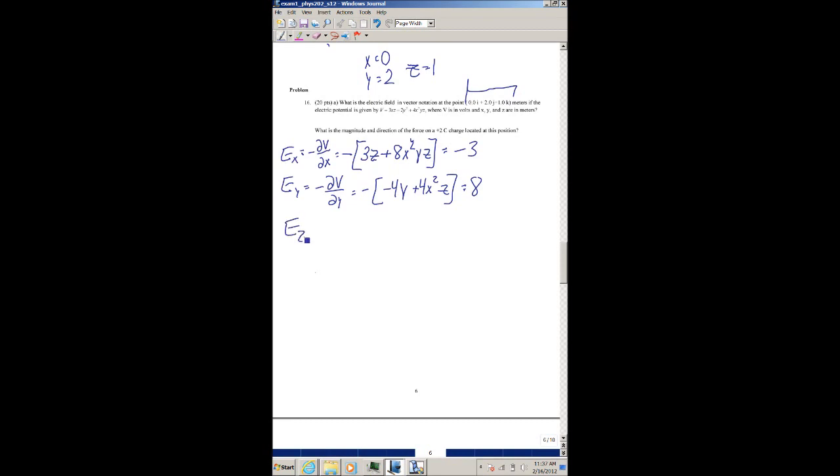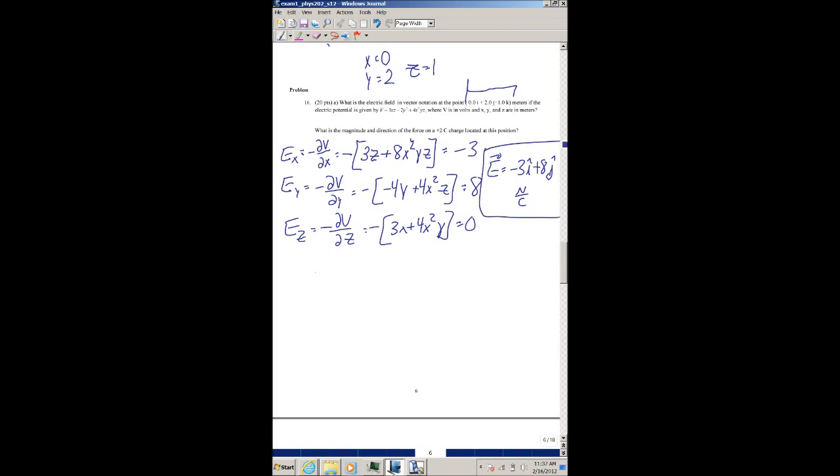And finally, EZ is negative del V del Z, which is negative 3X plus 4X squared Y. X is 0, so that's all equal to 0. So my electric field in vector notation equals negative 3I plus 8J, and that's in newtons per coulomb, or volts per meter, either one.